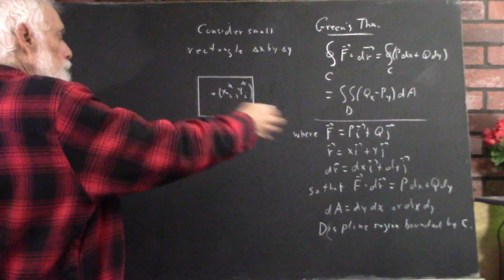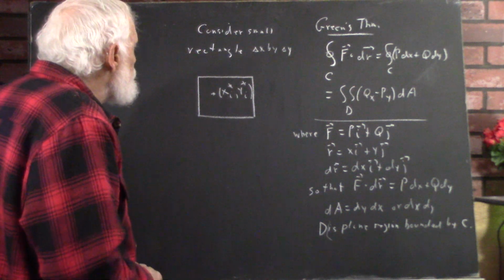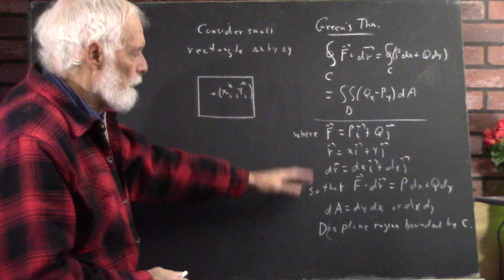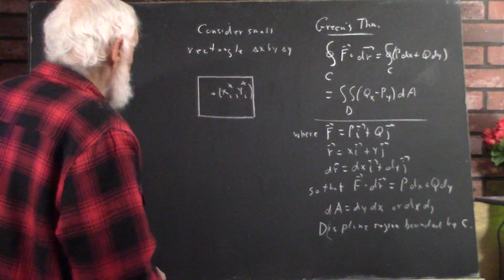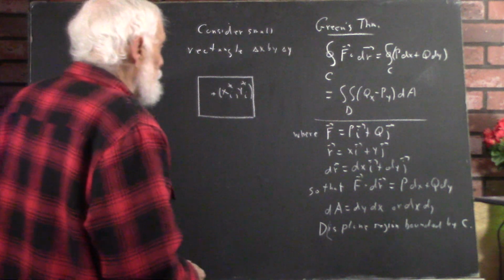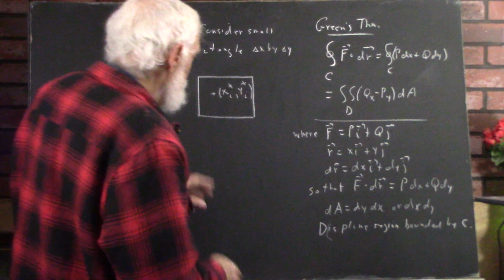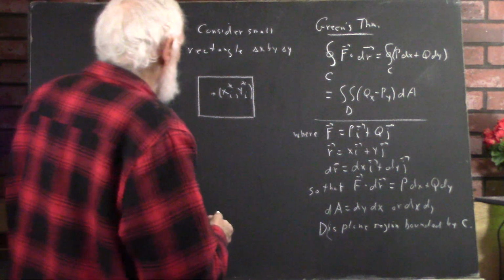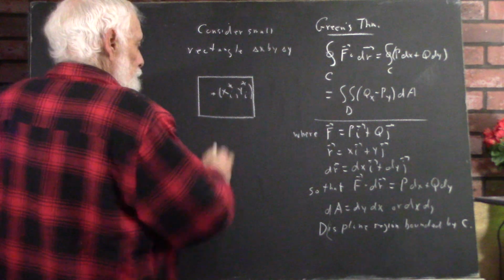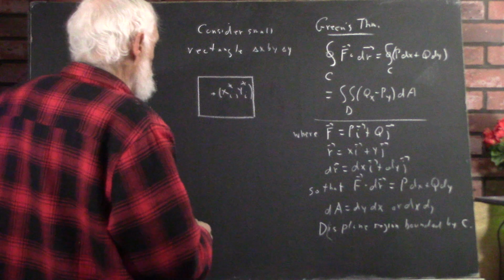I'm not going to go through the partitioning process, but you want to think through that. We're going to probably do that when we look at this for some specific function. Presumably, there's a parameter space in which we can define the function, parameterize everything, and do the integral. And often we don't need to parameterize anything, we just do it in terms of x and y, if your curve is defined in terms of x and y.